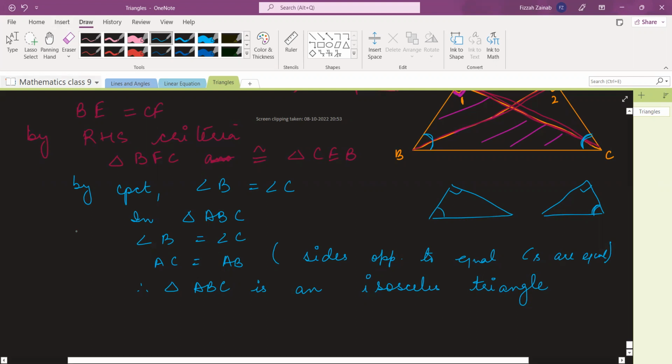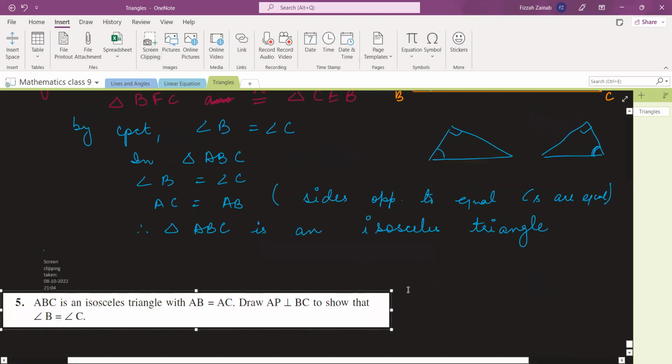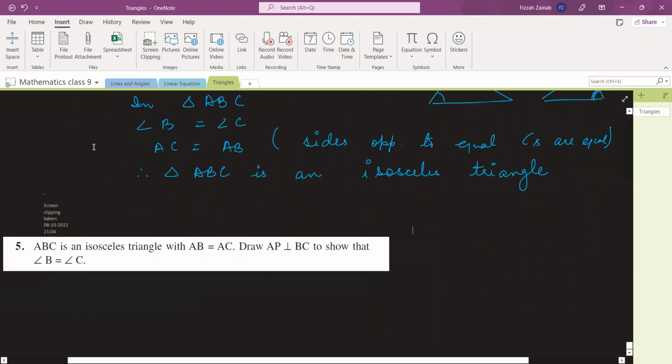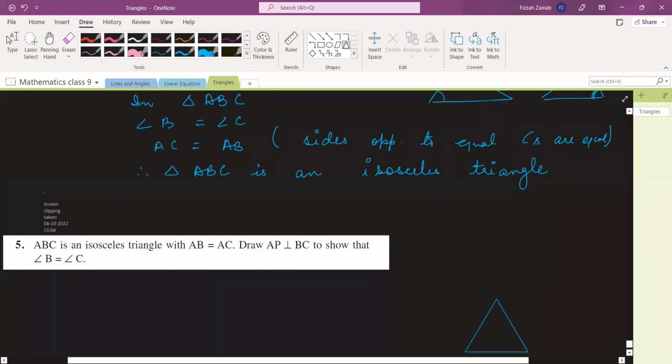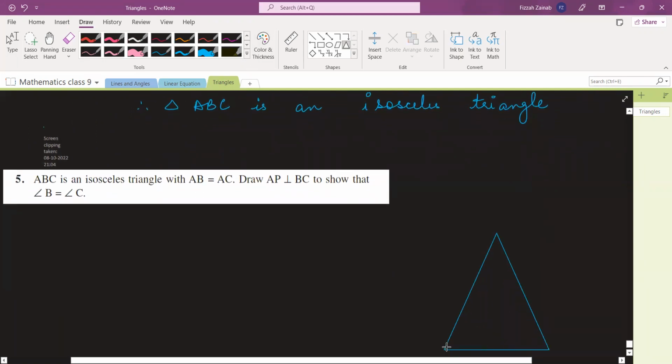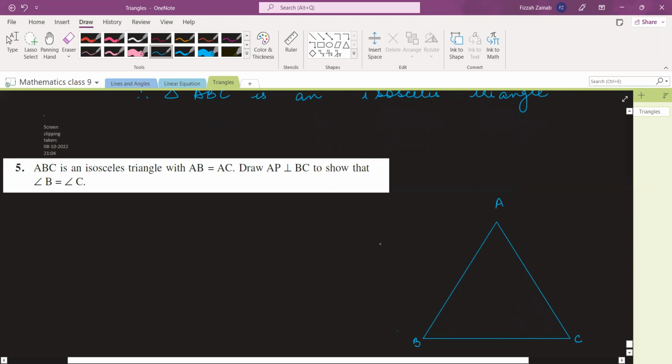Okay, then the last question of this exercise, even this chapter. Right. So ABC is an isosceles triangle. There's a triangle which is already given here with AB equal to AC.